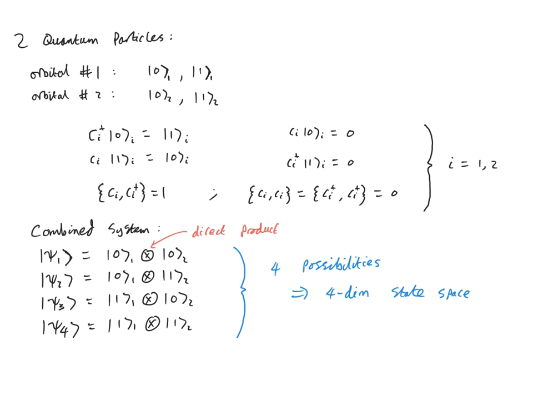So let's look in a bit more detail about what this space is that these states live in. So the basic arena wherein n-body quantum mechanics takes place is the product space of single particle Hilbert spaces. Okay, so what do I mean by that? Well, first, let's organize our states according to the number of particles that they have.